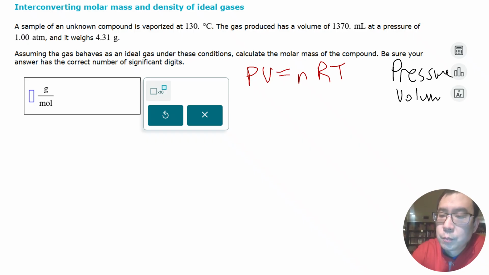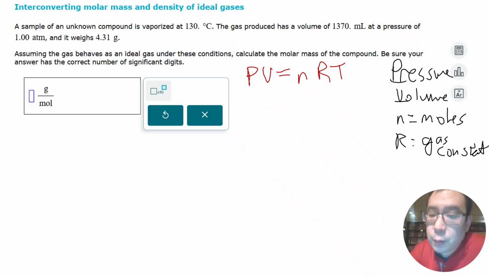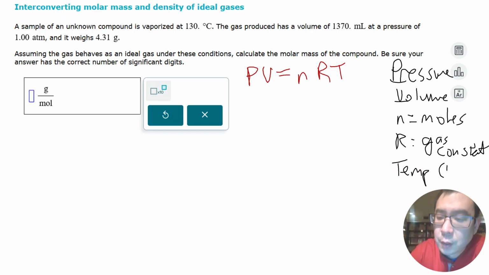R is the gas constant, and that value, if you remember from class, gets different numbers depending on what unit of pressure we're using. Right, we can use atmospheres, we can use millimeters of mercury or torr, we can use pascals or kilopascals. Right? And T is temperature, and the unit on the temperature is always Kelvin. We're looking at gases.